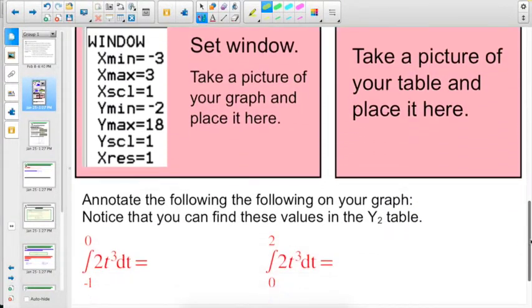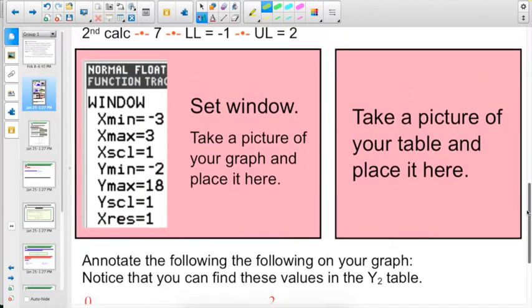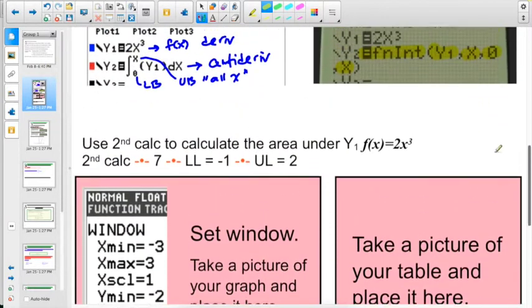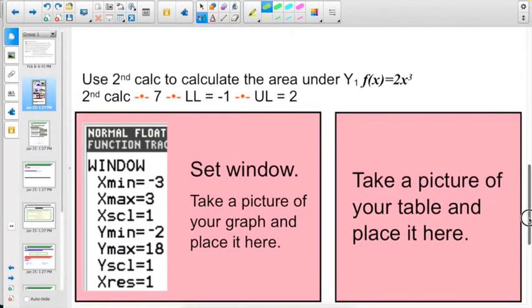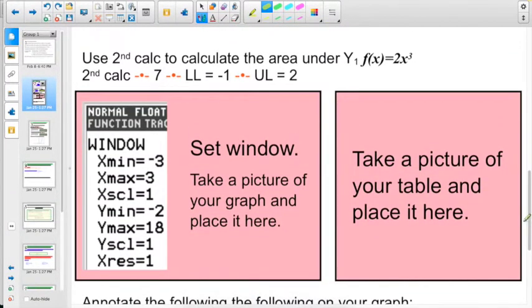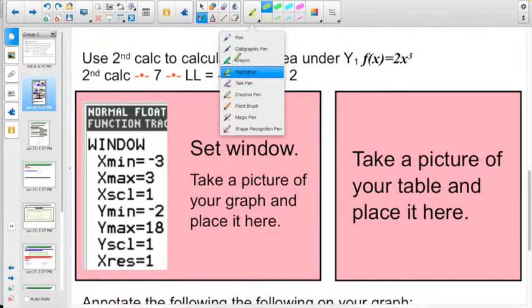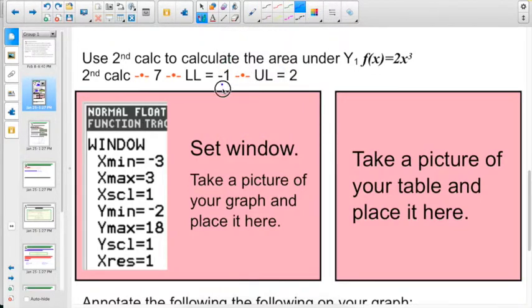So after we let that graph, we're going to look at that and calculate the actual value of the definite integral from a lower bound of -1 to an upper bound of 2.